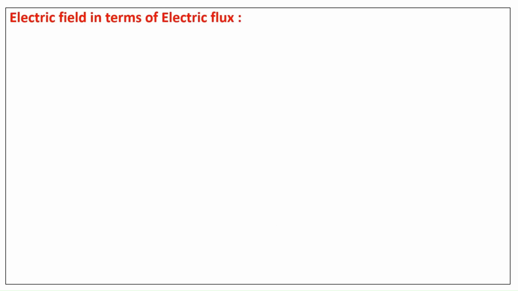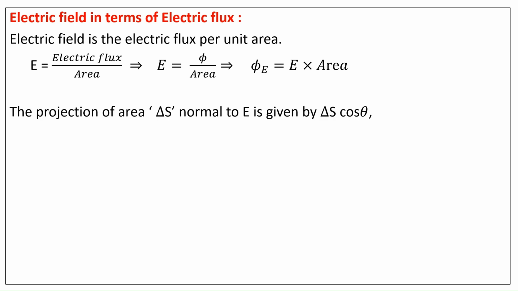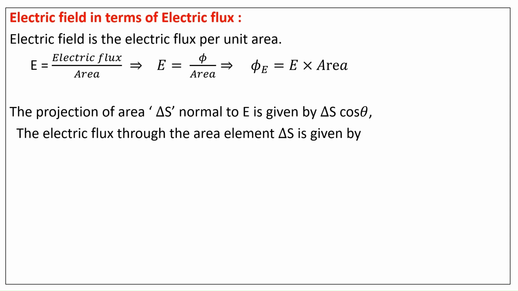Next, electric field in terms of electric flux. Electric field is the electric flux per unit area. E is equal to electric flux by area, that is equal to phi by area. On taking area to the left side, we get phi E is equal to E into area. The projection of area delta S normal to E is given by delta S cos theta.